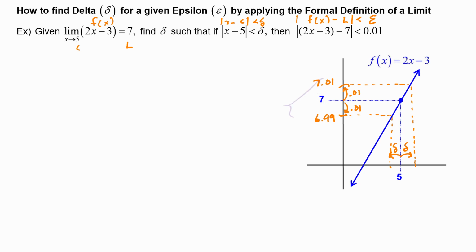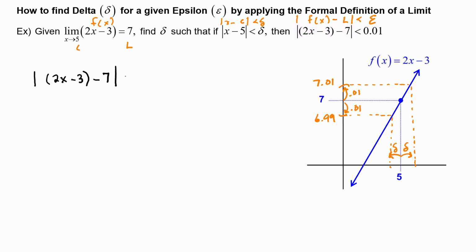And just to be clear, this interval here on the y-axis is the absolute value of the quantity 2x minus 3 minus 7 being less than 0.01, and this interval here on the x-axis is the absolute value of x minus 5 being less than delta. So let's start off with our f of x minus L statement here. So we have the absolute value of 2x minus 3, subtract 7.